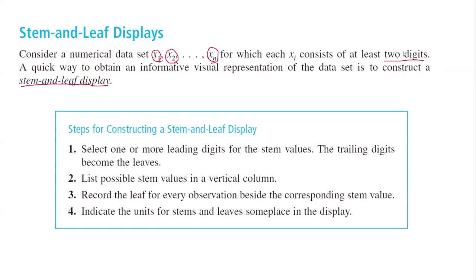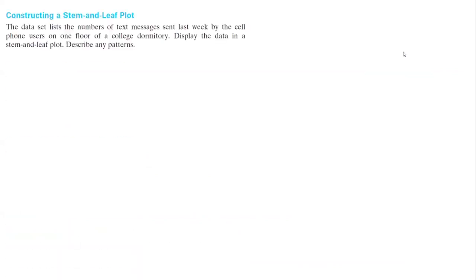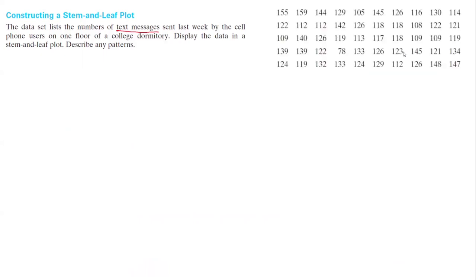Let's take a look at one example together. In this example, the data set lists the number of text messages sent last week by the cell phone users on one floor of a college dorm. So as you can see here, you have a bunch of data.